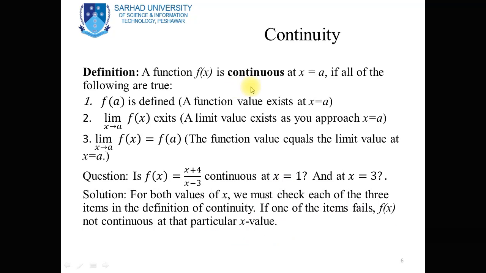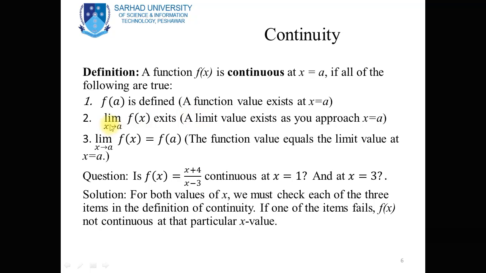Now the next topic is the continuity of a function. A function f of x is continuous at x is equal to a if all of these conditions are satisfied. Number 1, f of a is defined. It means that a function value exists at x is equal to a.